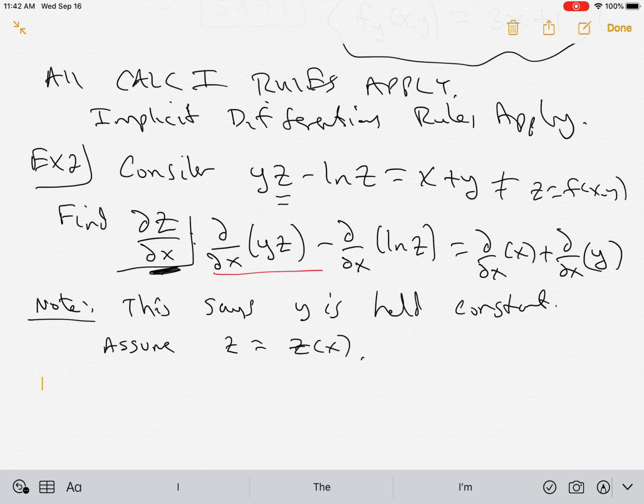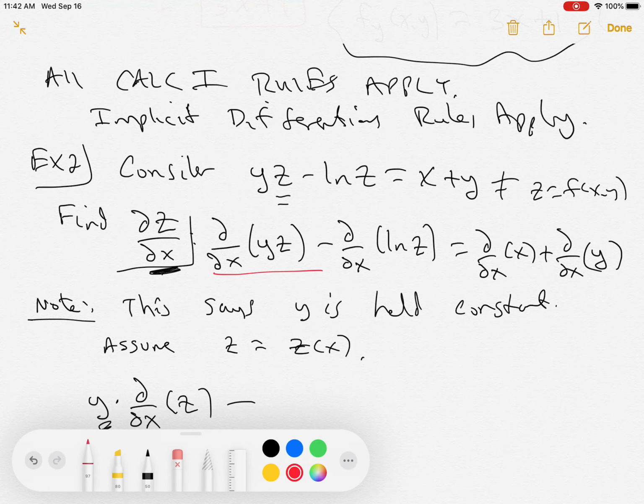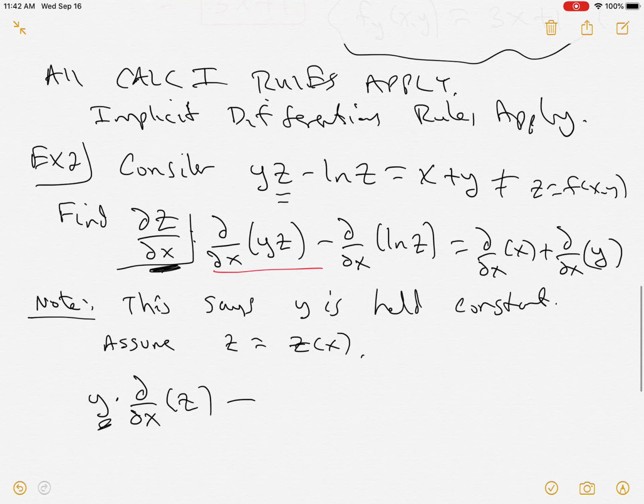Y is held constant, so it's actually y times d dx of z. All right, so all I did in this first move was I pulled the y out front because it's a constant, okay? Minus, back to red, this guy.